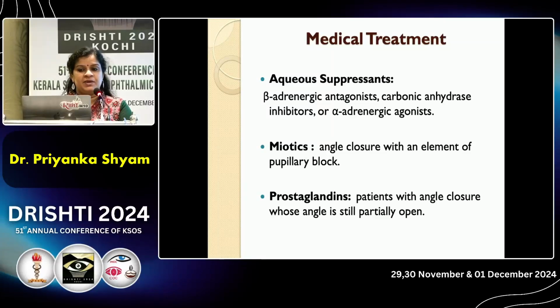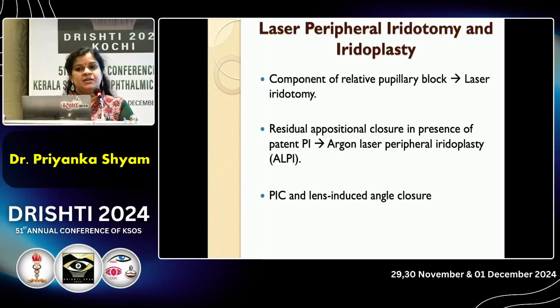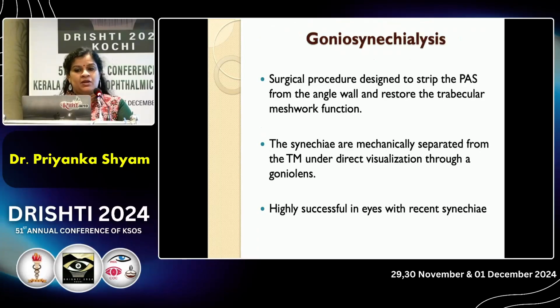Prostaglandins are given in patients with angle closure whose angle is still partially open. Coming to the laser treatment, it can be iridotomy or iridoplasty. Iridotomy is done if there is a component of relative pupillary block. Iridoplasty is done if there is residual appositional closure in the presence of a patent PI. They are also useful in plateau iris configuration and lens-induced angle closure.